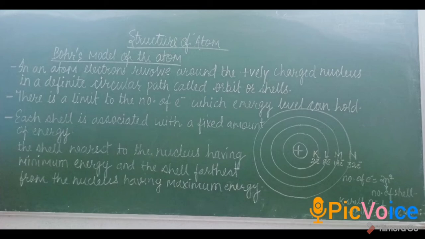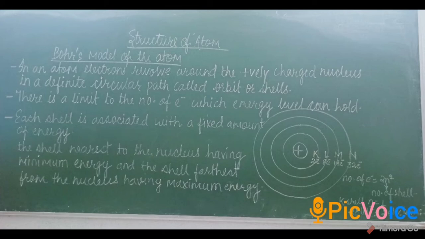The third energy level or M shell can hold a maximum of 18 electrons, and the fourth energy level or N shell can hold a maximum of 32 electrons.